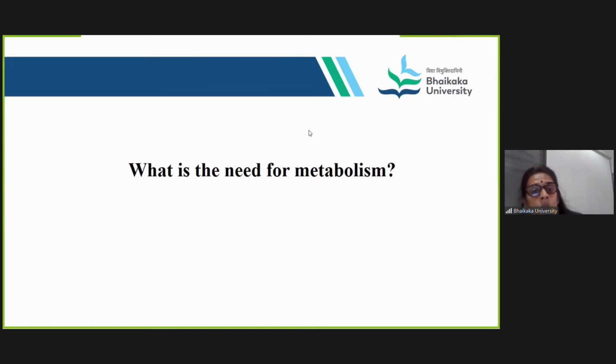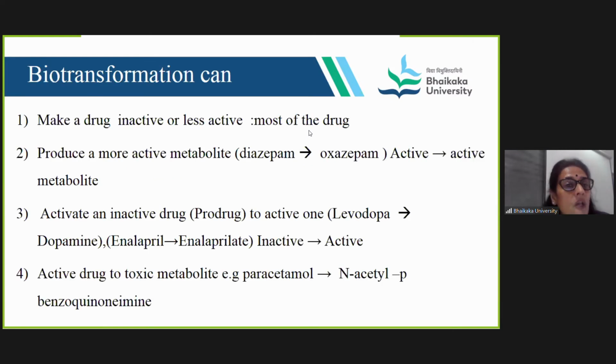Now, what is the need for this metabolism? Why is this chemical alteration or biotransformation required? Because biotransformation can make a drug inactive, which you require, because the drug has already reached the site of action.